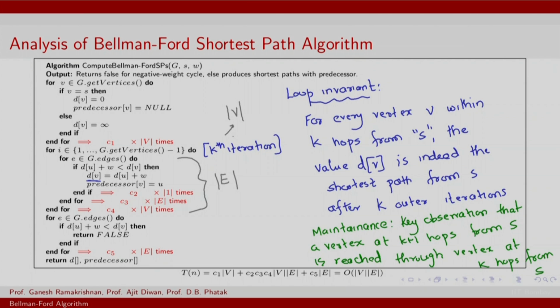We have actually split the cost here for each of the if blocks and the for loops and so on, but it's essentially number of edges times number of vertices. The final check is only order of number of edges, which is basically to check for negative weight cycles. So overall complexity is order of VE, which is the dominating term.